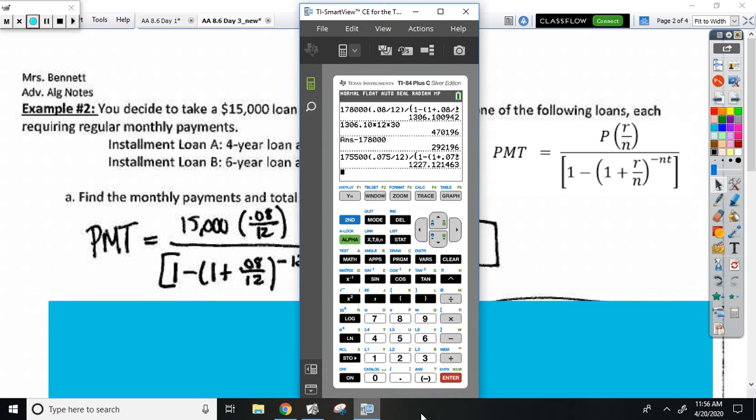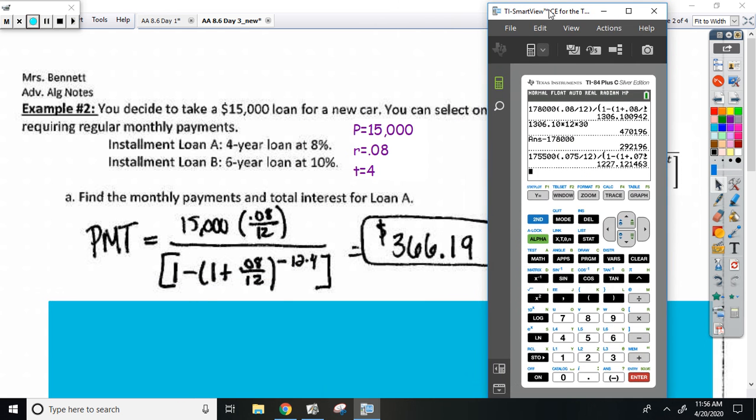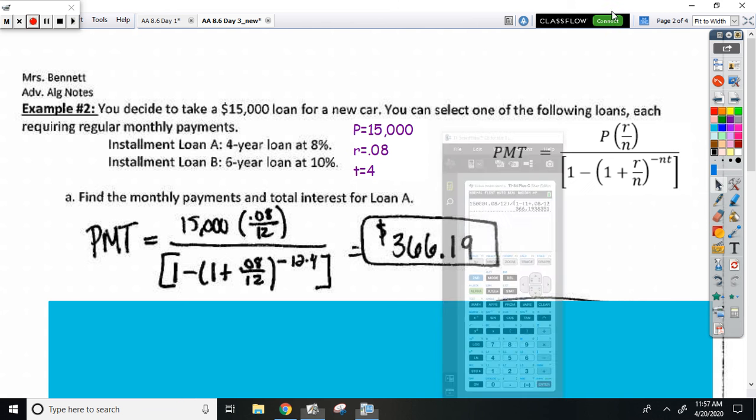I'll show this one on the calculator one more time just to maybe help any of you. You want to make sure you're using a graphing calculator. So we get the 366.19, and again that's per month.